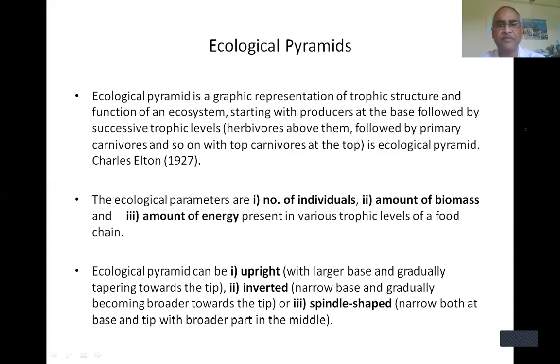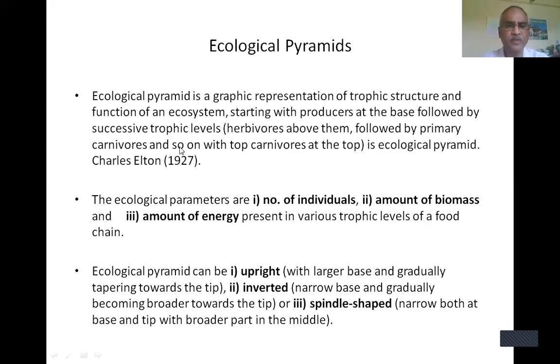So in the successive trophic levels, what you have? You have herbivores above producers, followed by primary carnivores, and so on until you reach top carnivores at the apex. So that is what is called as ecological pyramid.